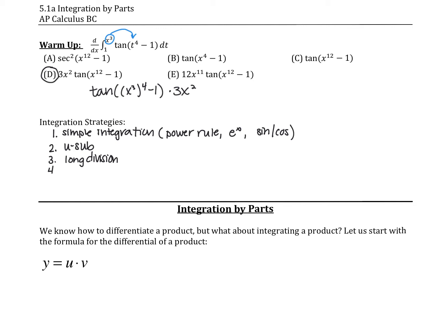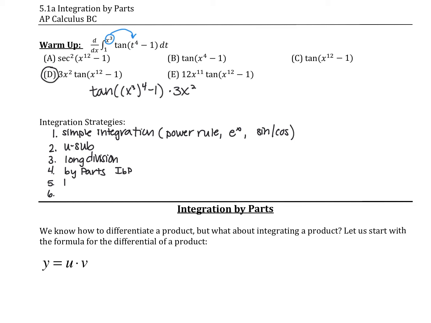Now, there are 3 new strategies that we are going to talk about over the course of this chapter. The first strategy is something called integration by parts. You may see it abbreviated IBP by me. I don't know that it's abbreviated that way by anybody else, but integration by parts is what we're going to focus on today.